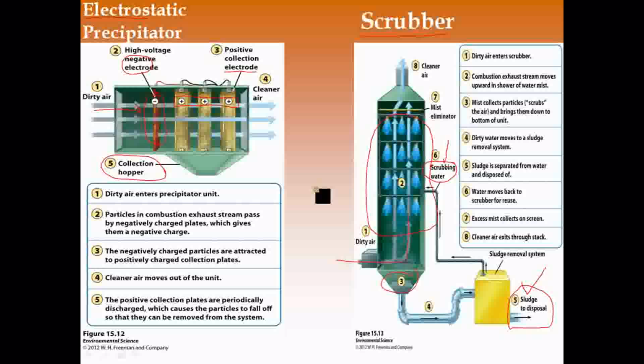Because remember, there's a negative to every environmental solution. Same with the electrostatic precipitator. You can imagine how much electricity this uses. Well, all that does is put more chemicals up into the air through the smokestack because all this electricity has to be used.